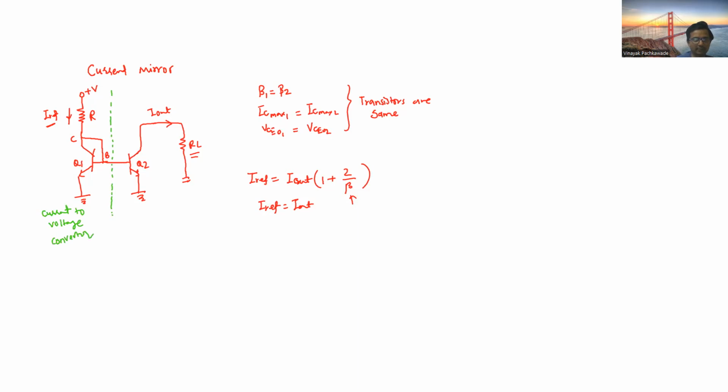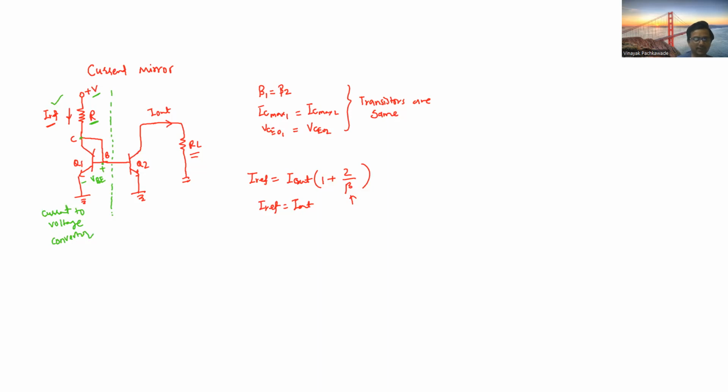How? I am having the positive supply V, drawing the reference current by setting up the resistor value. And since the collector and the base are shorted, I have this voltage VBE that is basically there.